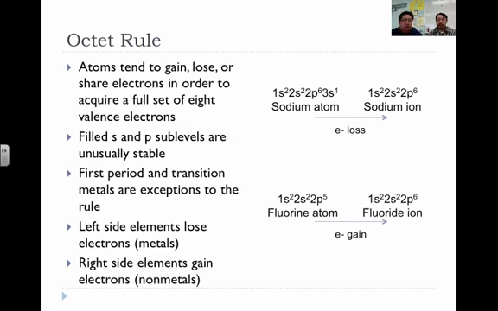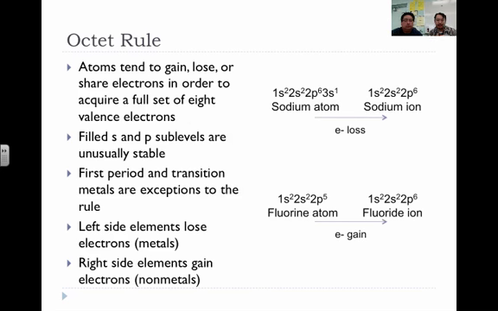So the octet rule actually was hinted at by John Newlands beforehand, and this is the real reason why his observations seem to work. The reason for this is because when you do the electron configuration, it'll show up that when you fill up the 2s2 and the 2p6, when they get completely filled up, then that energy level has been fulfilled.